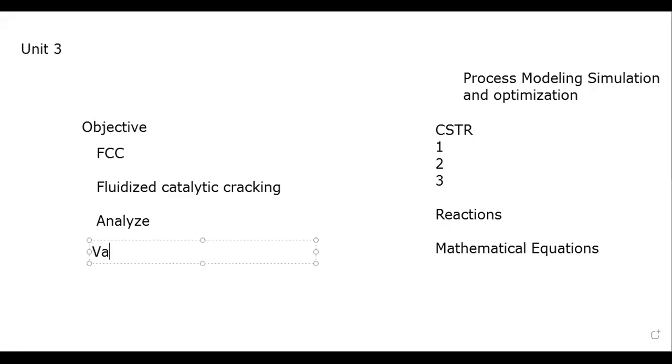So here, process modeling is very, very important. Okay? Because in process modeling, you have to deal with the parameters. Let me write it here. The variables, parameters, and desired output, right? Desired output.